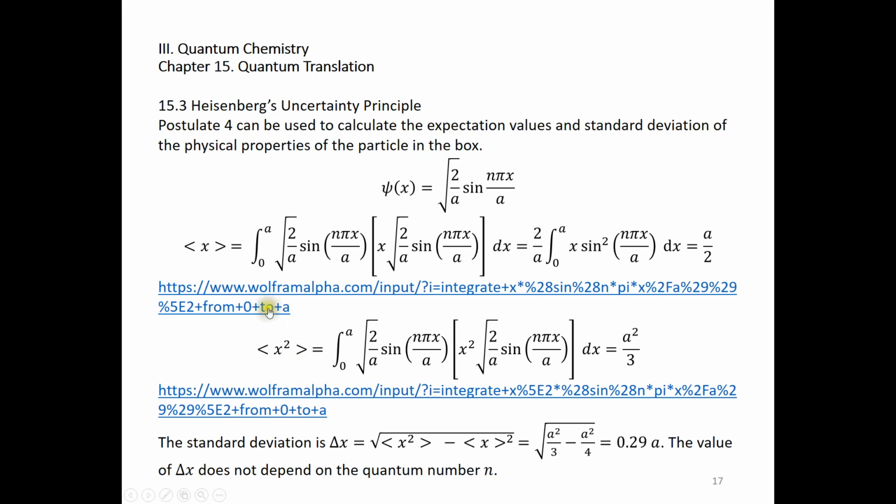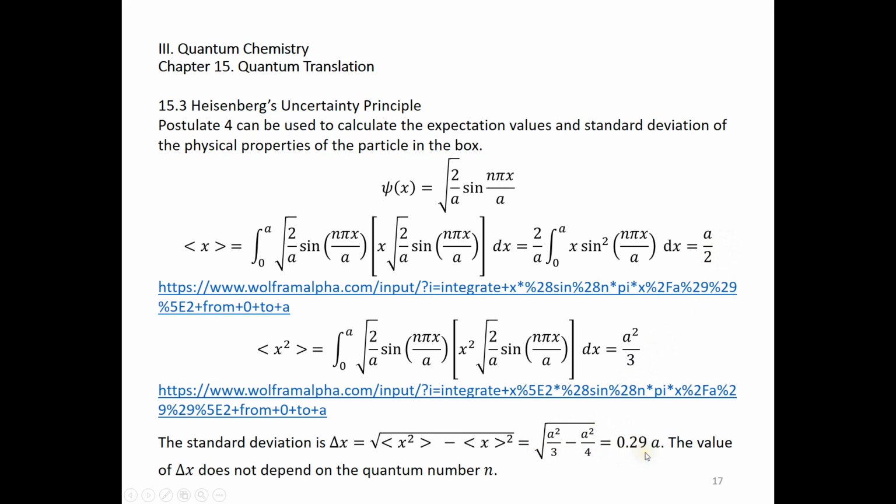Now, since we have the average of x and the average of x squared, we can calculate the standard deviation. Delta x is the square root of the average of x squared minus the average of x, squared. So we plug in the expressions, we get 0.29a.